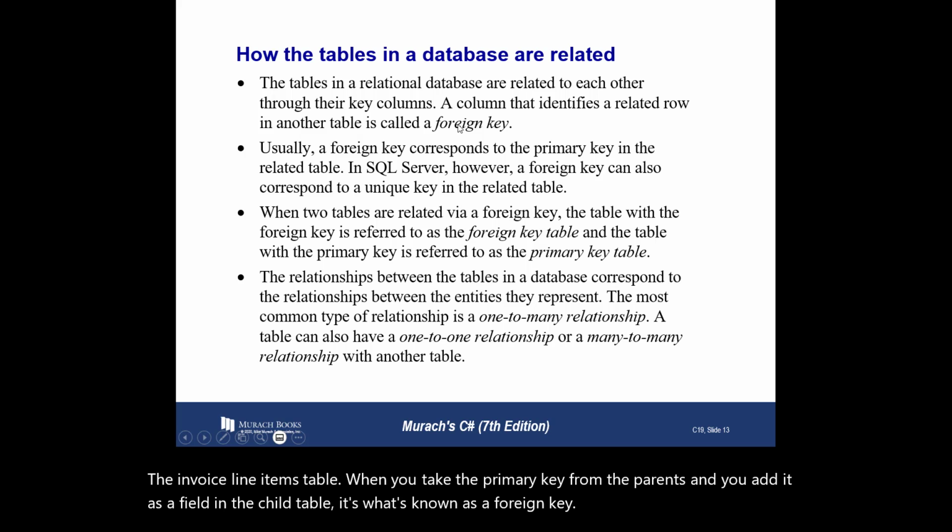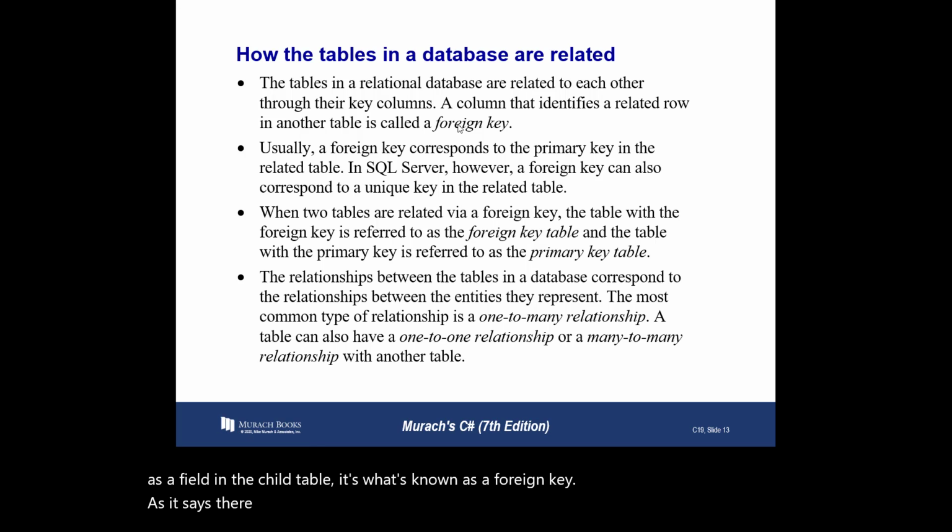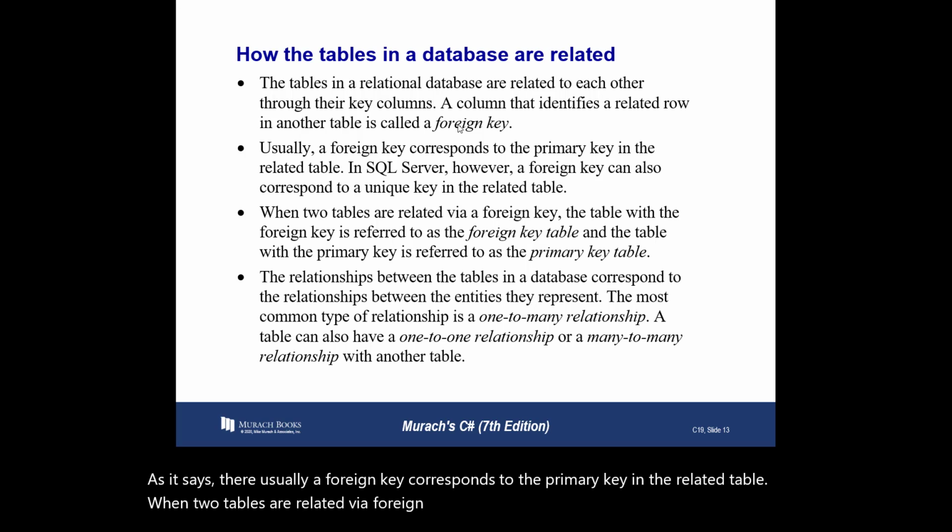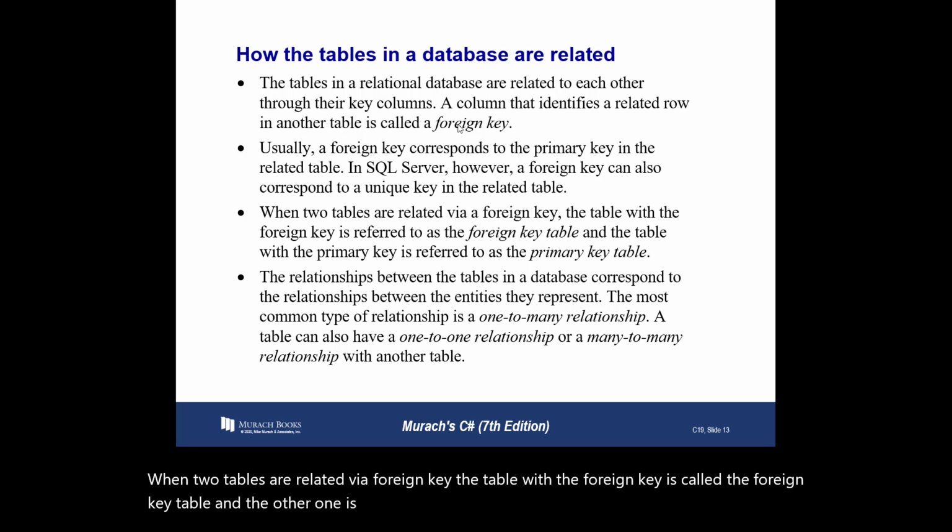As it says there, usually a foreign key corresponds to the primary key in the related table. When two tables are related via a foreign key, the table with the foreign key is called the foreign key table, and the other one is called the primary key table. Also referred to by other names like parent-child tables, etc.